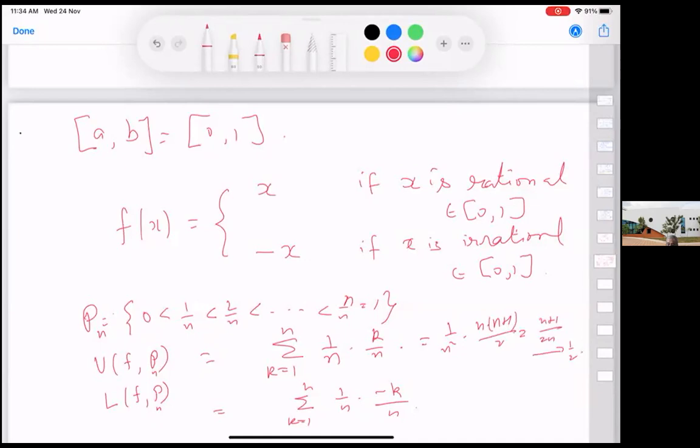This will converge to half and this will converge to minus half. So U(f) will be half and L(f) will be minus half. In every interval you take, there are points which are positive and points which are negative. If they are close to 0, the difference is not much, but as you move towards 1, the difference keeps increasing.